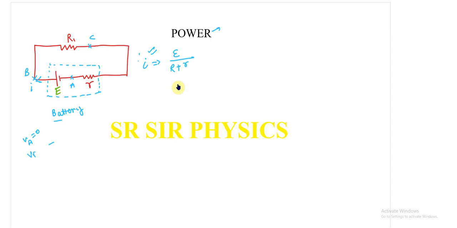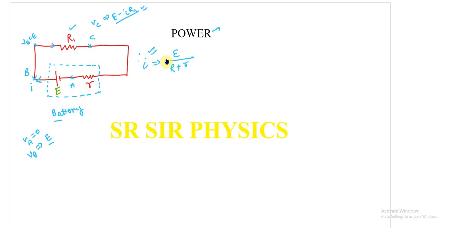Then the potential of point B will automatically change. When we go from this side to this side and cross the battery, the potential should increase, and on this side the potential will become E. When we pass through this resistance, the potential of C comes. The potential of point B was E, and when we went to this side there was a potential decrease, so it became E minus I R1. So these are the potentials of all these points.